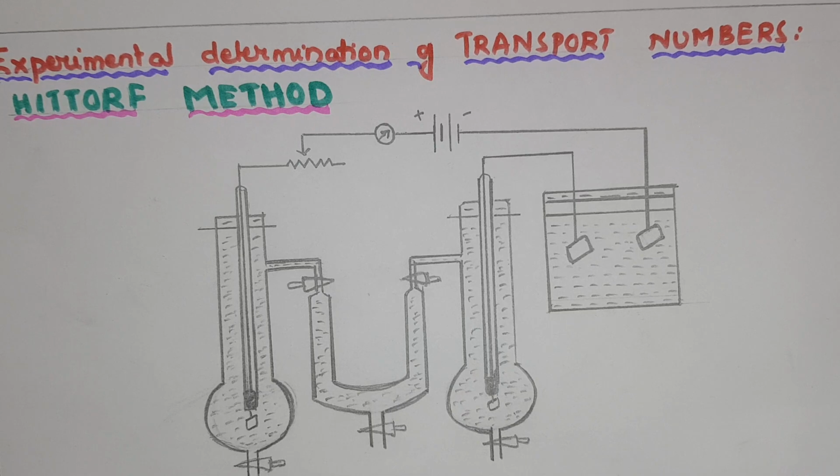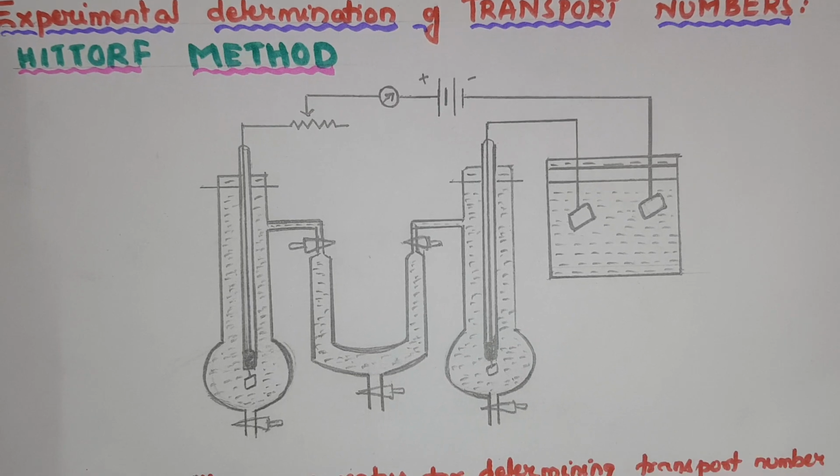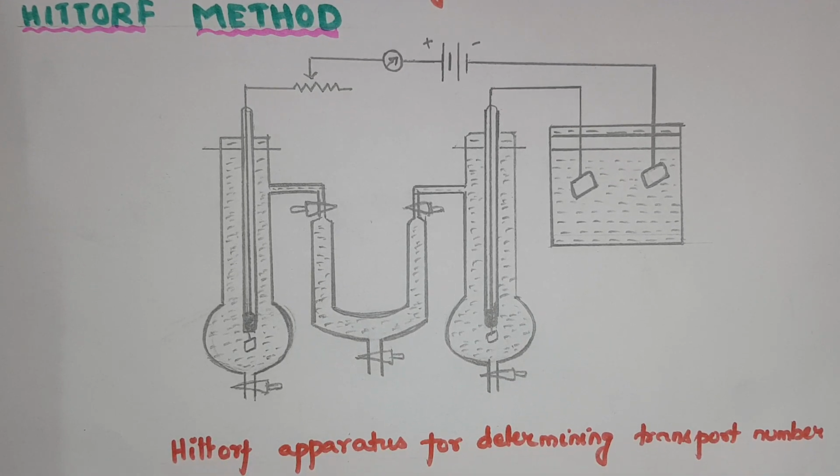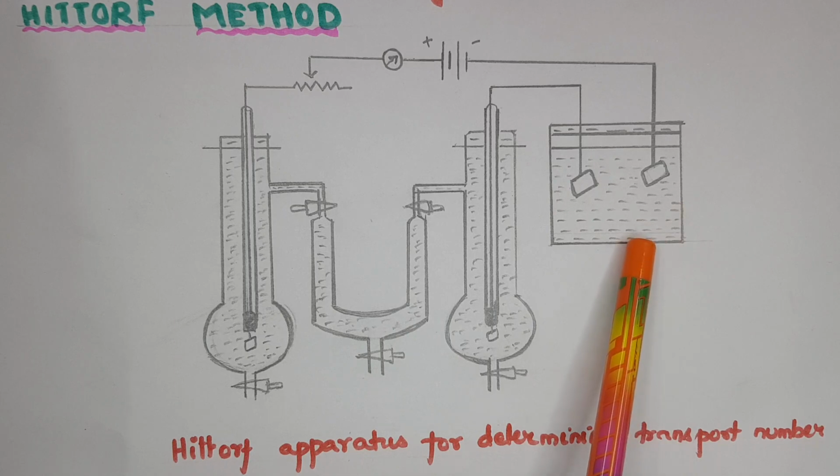And the amount of silver metal which is deposited in the coulometer gives us the decrease in concentration both at anode and cathode. Have you taken a picture of this HITTORF apparatus, students? Below write down: HITTORF apparatus used for determining transport number. This is the coulometer. Fine.